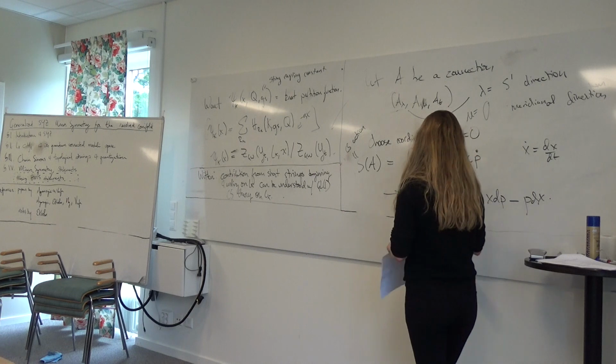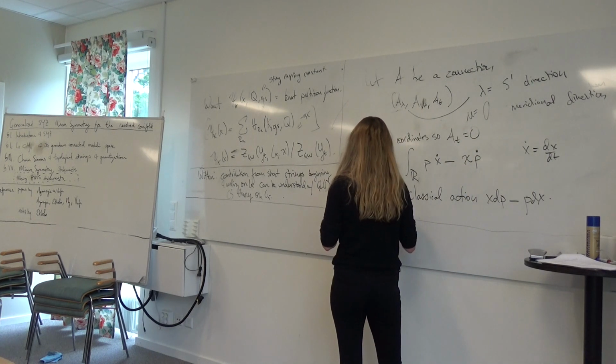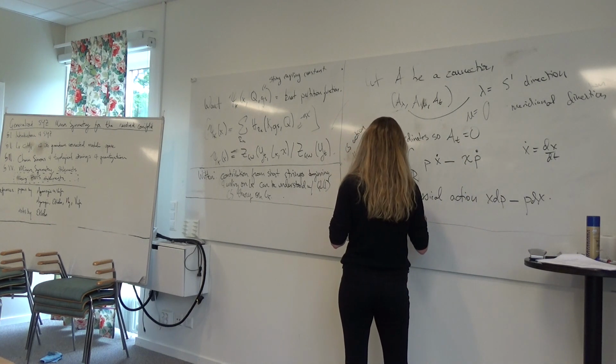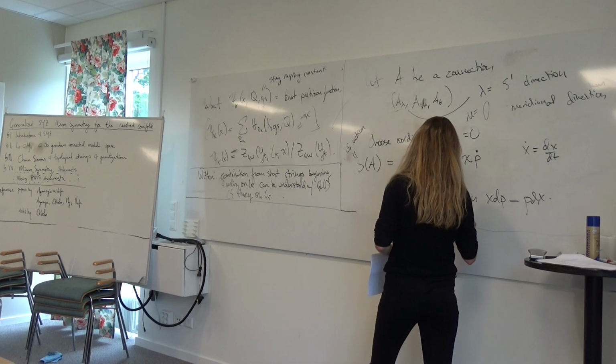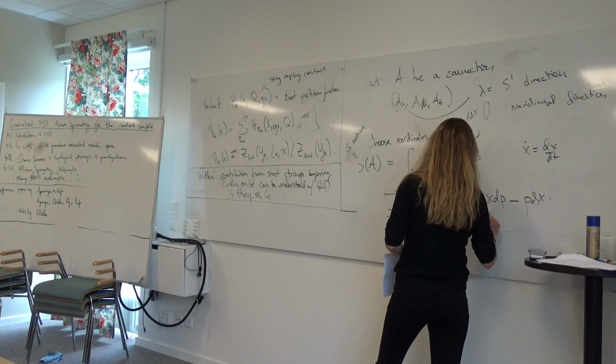So the physics heuristic tells us that x and p are canonically conjugate.